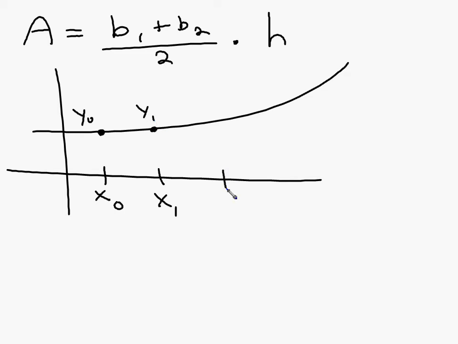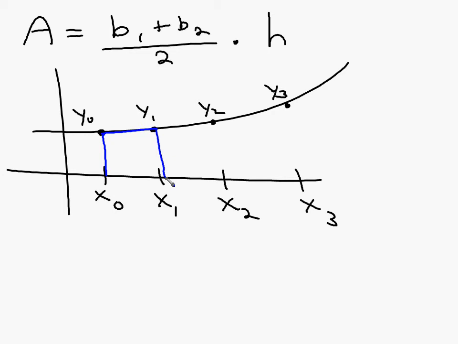I'm only going to go a couple places here. I'm going to go x sub 2, and I'm going to go x sub 3. So this would be y sub 2, and this would be y sub 3. I'm just doing some labeling now. If I wanted to find the area under the curve for this little diagram using trapezoids, let's say that this right here was my first trapezoid.